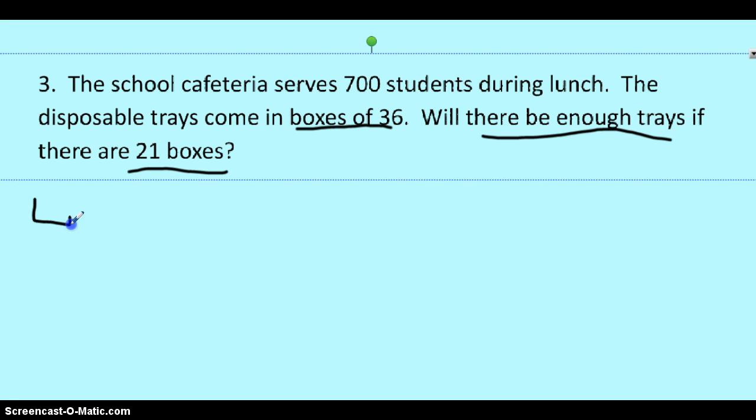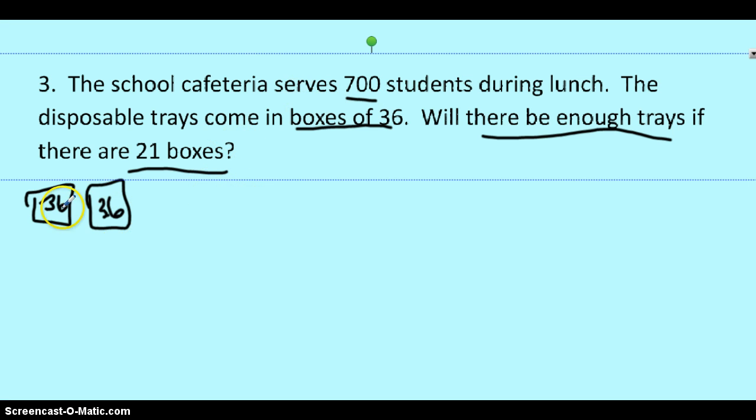Well, I know one box, and I'm going to draw a picture, has 36 in it. It says that the school has ordered and has 21 boxes of 36, and I'm not going to draw all 21 boxes out here, but we can get a picture that we're going to need to count all these groups of 36 to see if it's enough to serve 700 students.